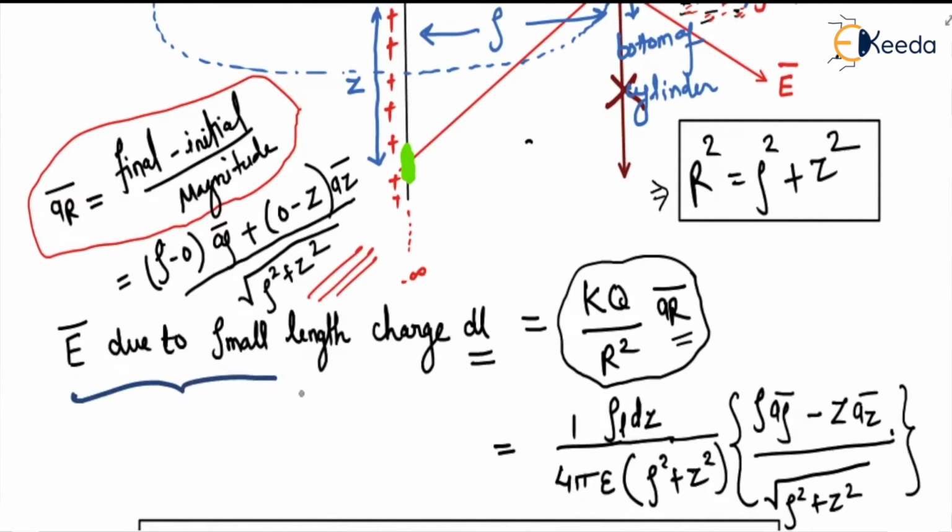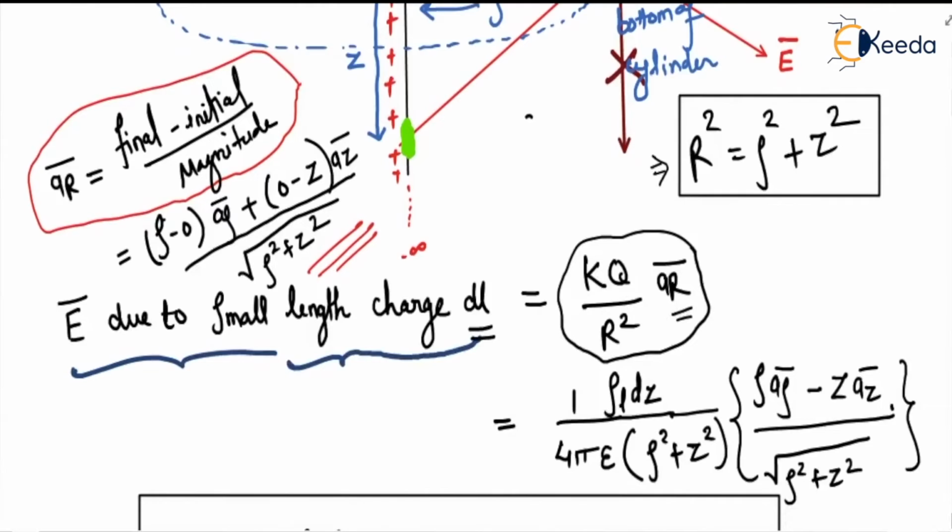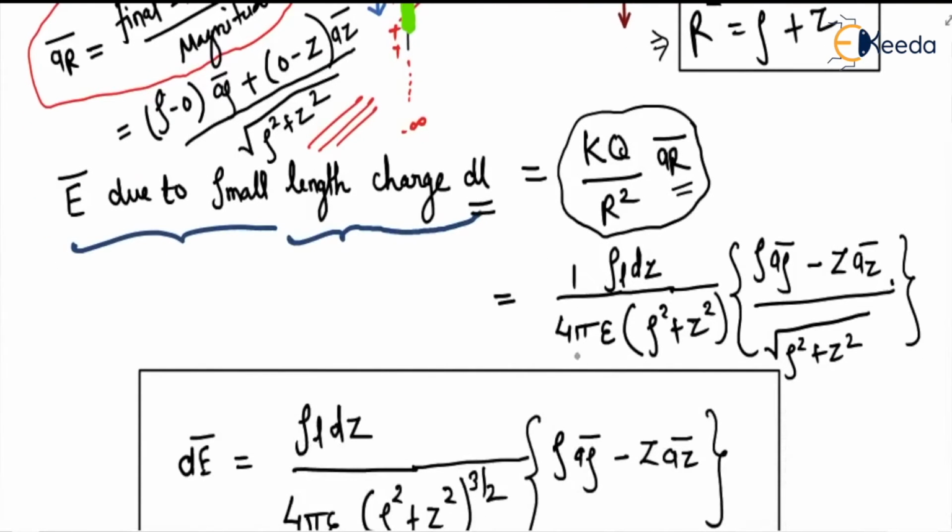So the electric field due to the small length charge dl is k q by r square a r vector. K is 1 by 4 pi epsilon, q is rho L dz, r square is rho square plus z square, and a r vector is rho a rho minus z a z divided by under root rho square plus z square.